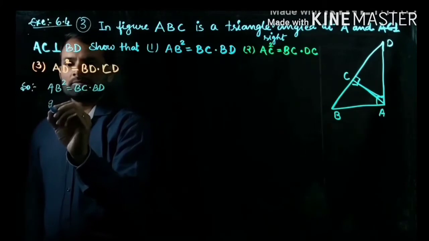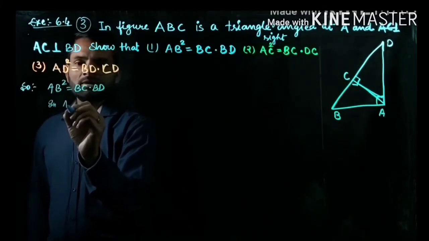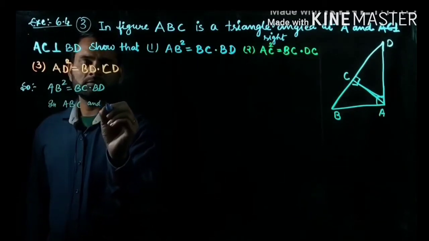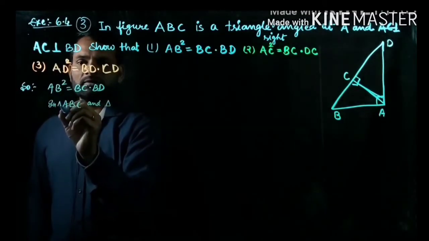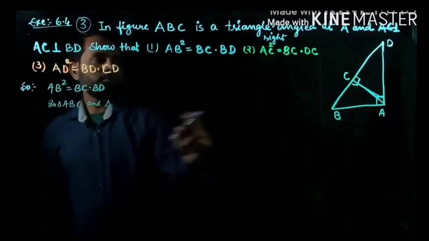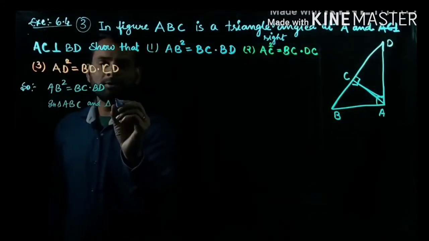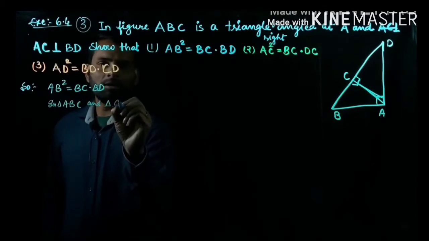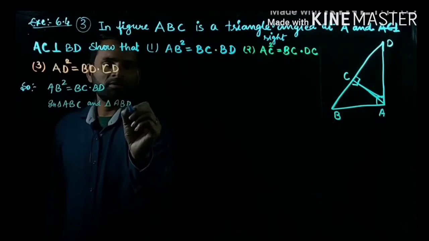In triangle ABC and the second triangle ABD. ABC is the small triangle first, and the big triangle is ABD.